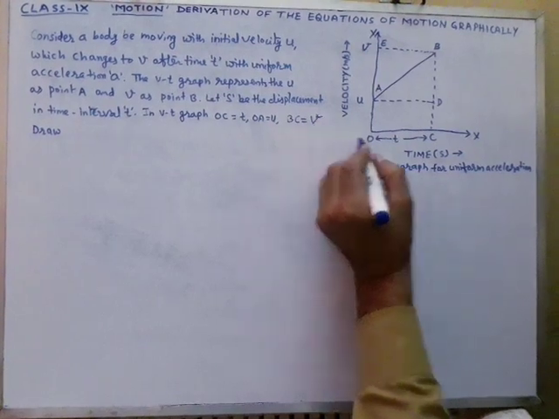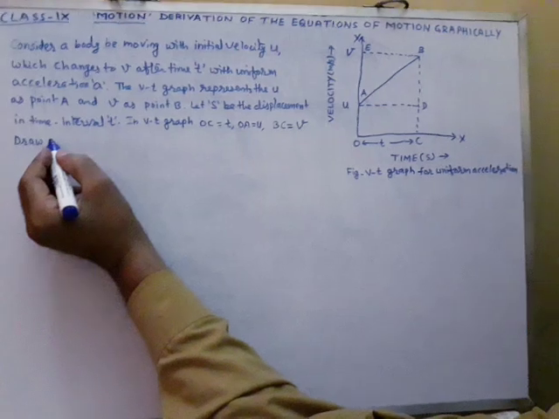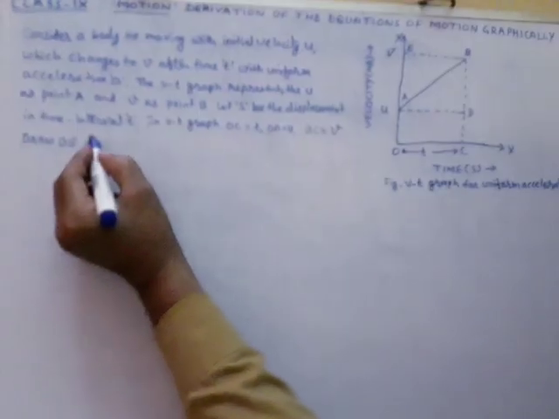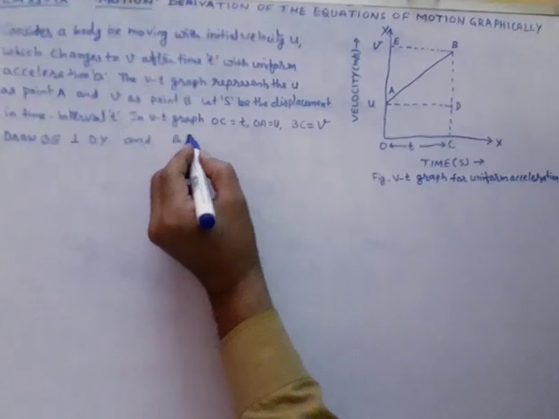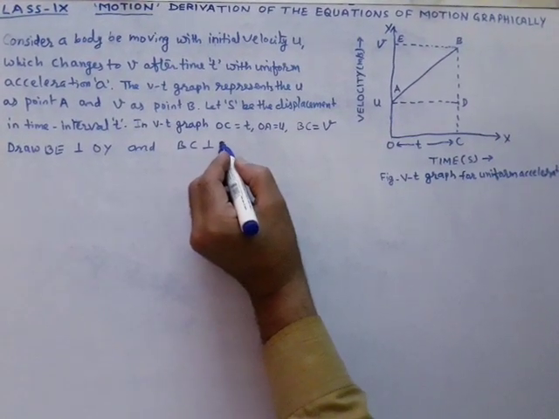Now draw from B, BE perpendicular to OY and BC perpendicular to OX.